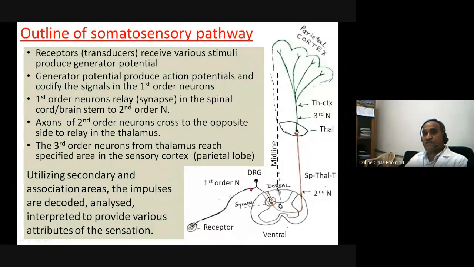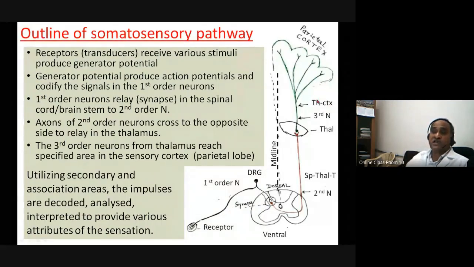Then first order neurons relay in the spinal cord or the brain stem, and then they will ascend. Then the relay is taken up by another set of neurons. This is the projecting neuron that will go to the thalamus. Now the second order neuron crosses to the opposite side and reaches the thalamus, and third order neurons go from the thalamus. So this is a primary area of representation, or primary sensory area.